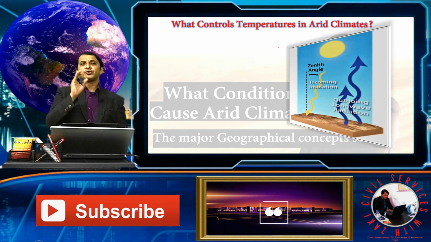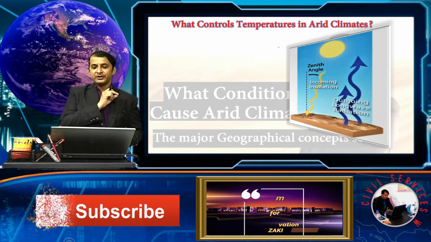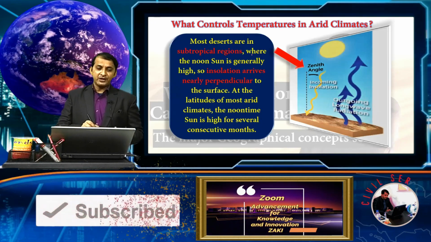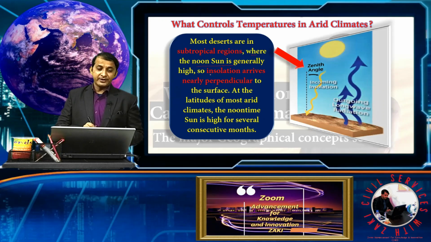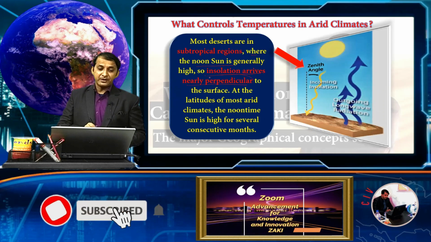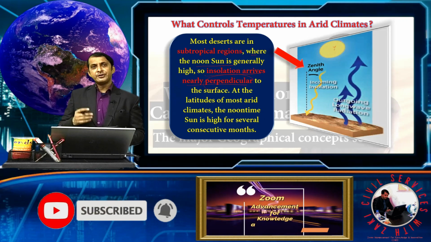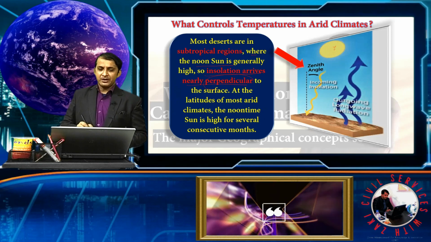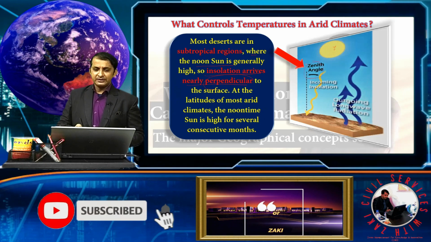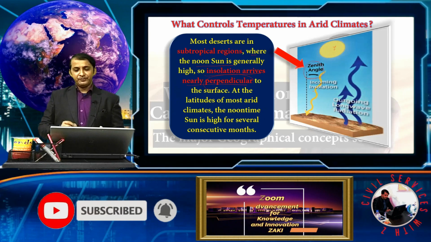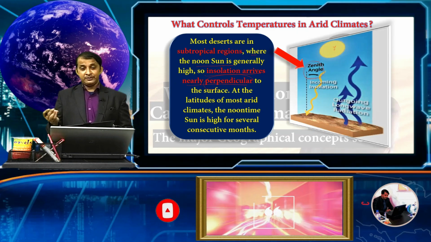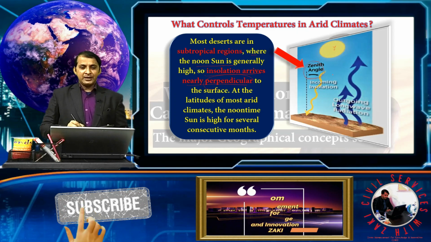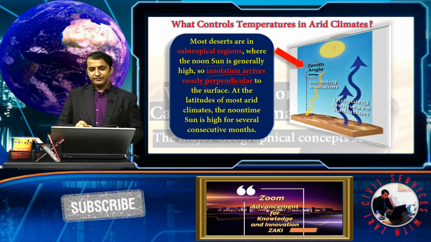As you know, most deserts are found in the subtropical area, where the noon sun's insolation arrives nearly perpendicular, because the zenith angle here is smaller than in the subtropics and beyond, at high latitudes. These are incoming solar radiation.